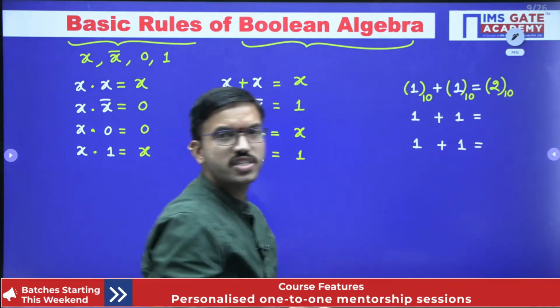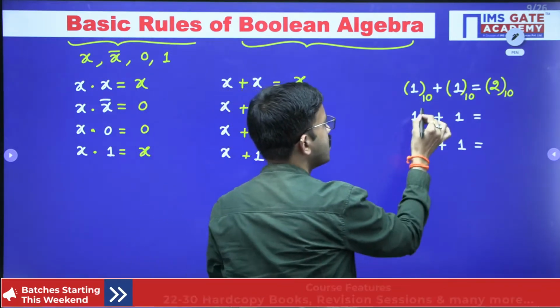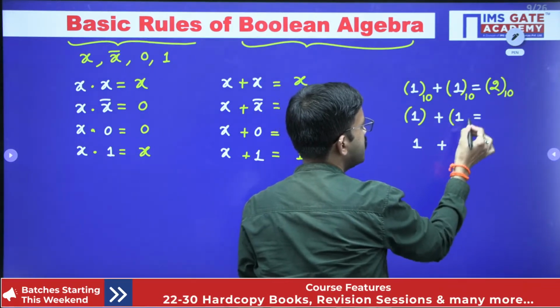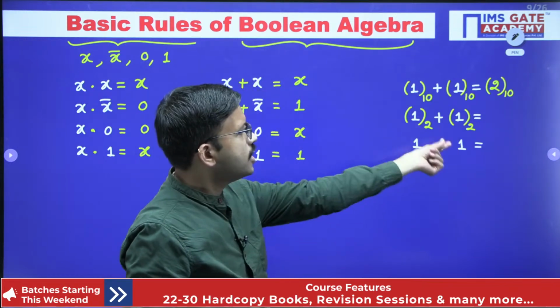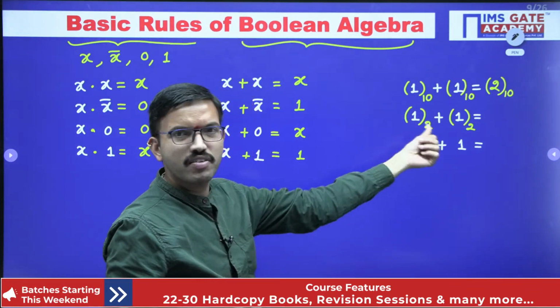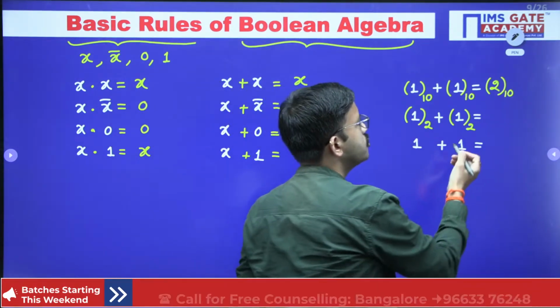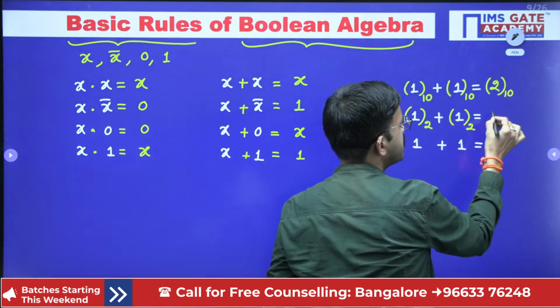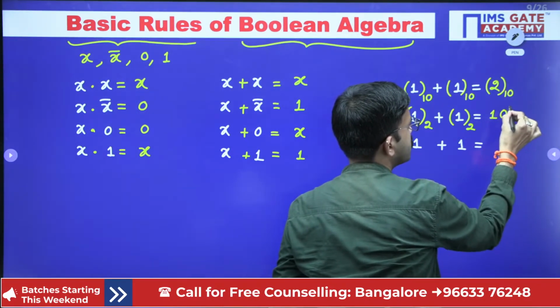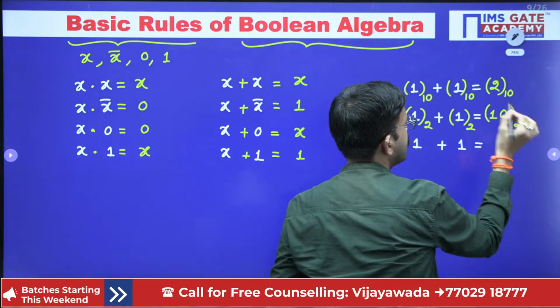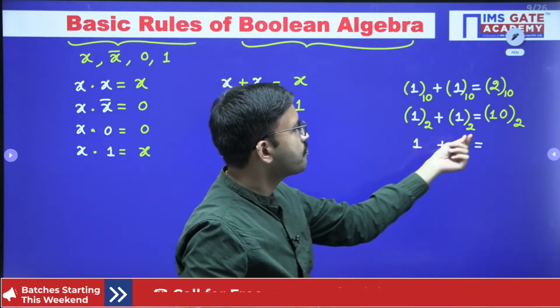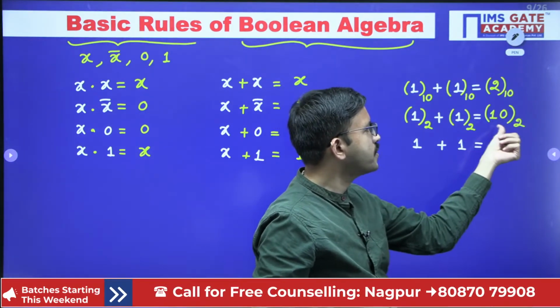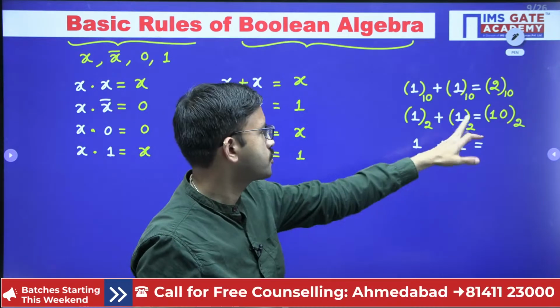Suppose these two numbers are binary. If you add two single bits and both bits are 1, then the resultant value 2, how can we represent it? We can represent it as 10. So when you add two single bits and both are 1, then to represent the resultant sum you require 2 bits, 1 and 0, right?